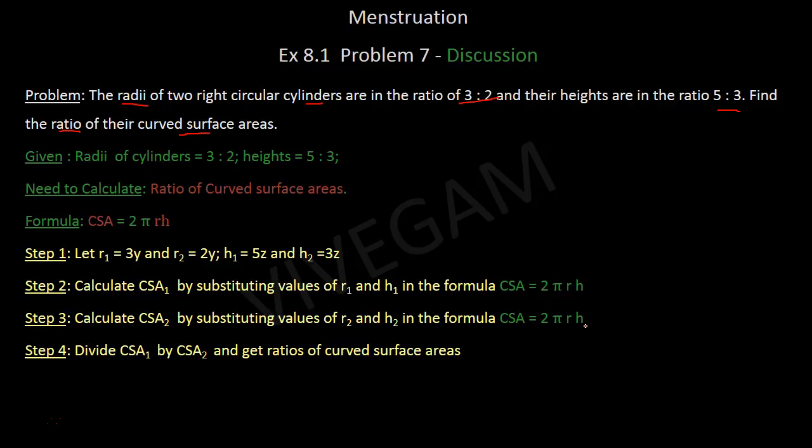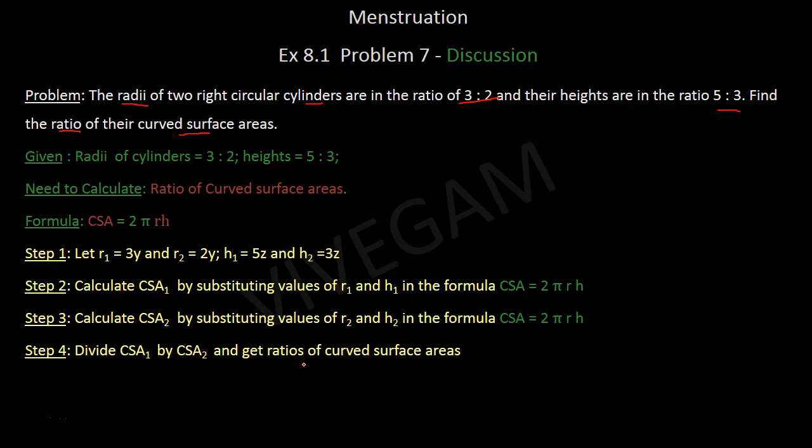Then the last step: divide CSA1, the right hand side, by CSA2, the right hand side of this equation, and you'll get the ratio of the curved surface areas. It's a little tricky, don't worry, try to do it, and if you can't, come back and see the solution.